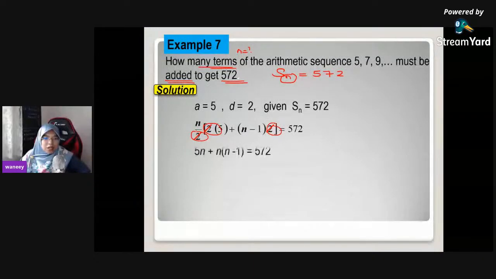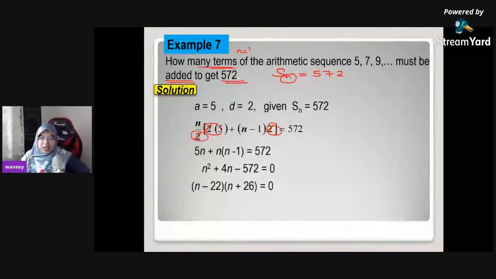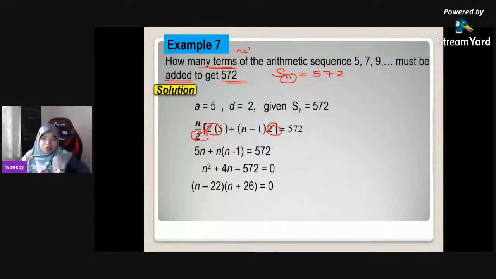Simplify them and we are going to get 5n plus n times (n minus 1) equal to 572. So this is a quadratic. You factorize them and you get (n minus 22)(n plus 26) equal to 0. So you will have 2 values of n: n equal to 22, n equal to negative 26.